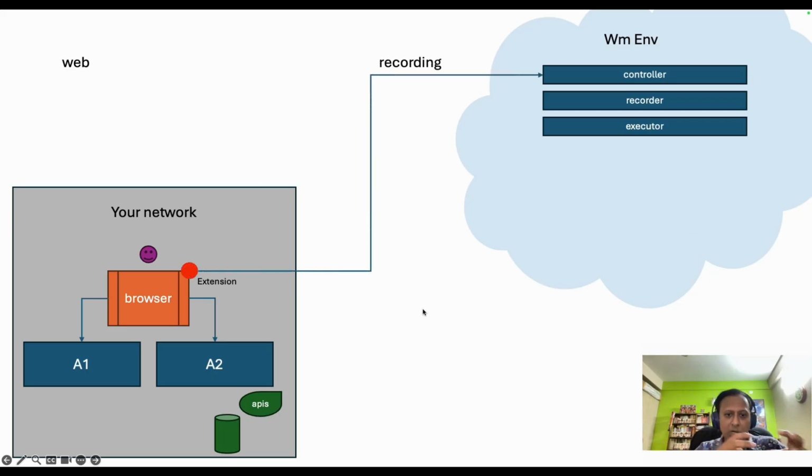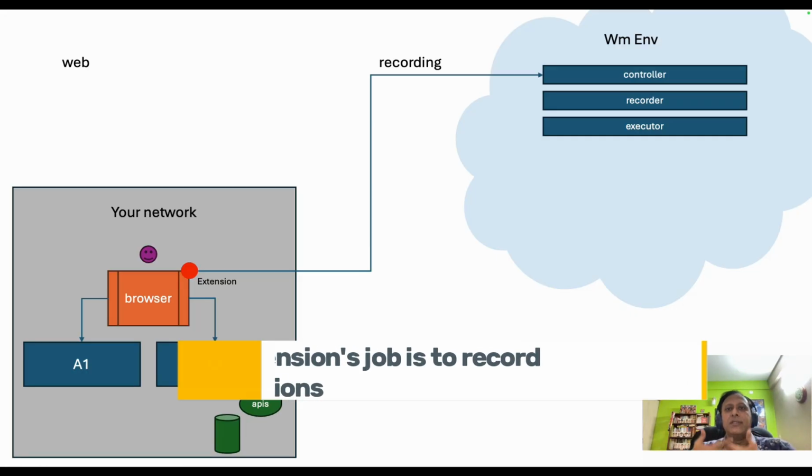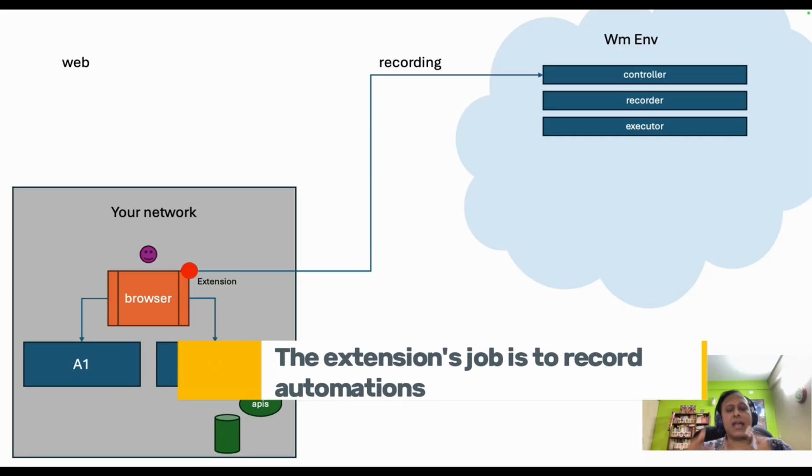Now, what makes your infrastructure communicate with the Watermelon infrastructure for the purpose of web-based application recording is a component called the extension. This extension is given to you by Watermelon, and you need to install it on your Chrome or Edge browsers.